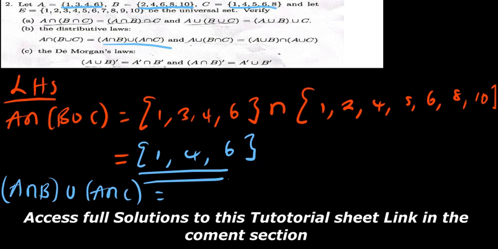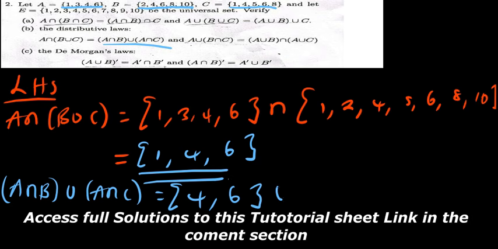The first thing is we need to find A intersection B, the numbers that are found in both A and B. So what are those numbers? In A, we have 1. 1 is not there in B, so it's not the one. 3 is not there in B. 4 is there, so I'll write 4. What else? 6 is there, so I'll also write 6.